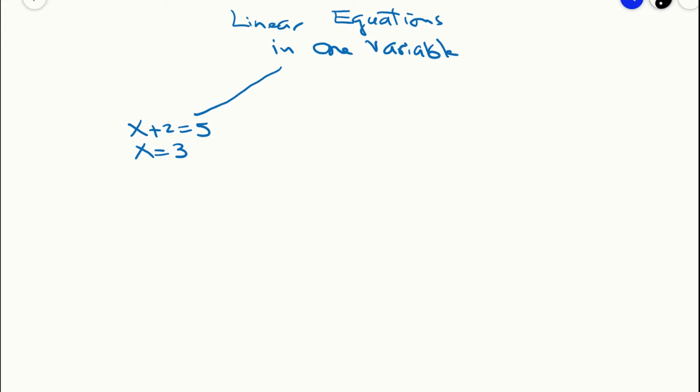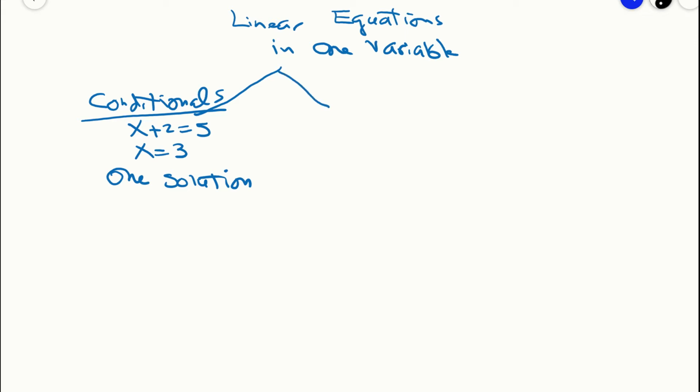So the most common type of linear equation that you're used to are called conditionals. They lead to only one solution, and they're the ones that you often encounter.